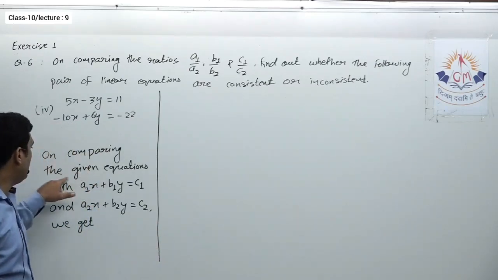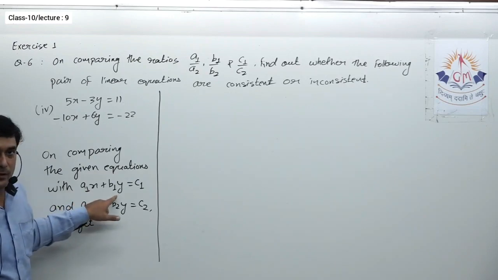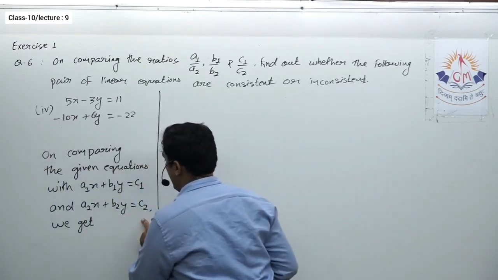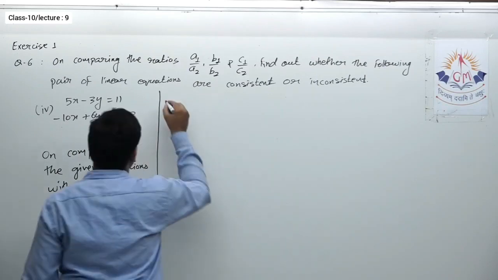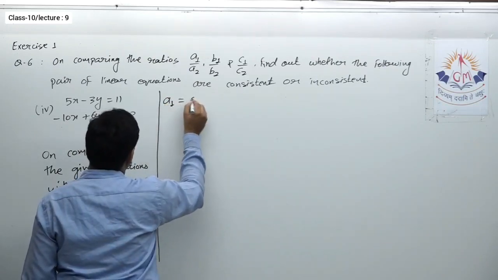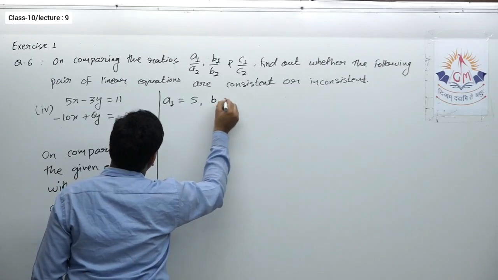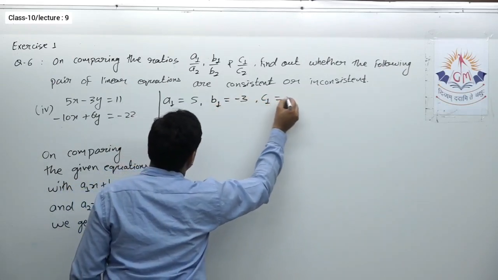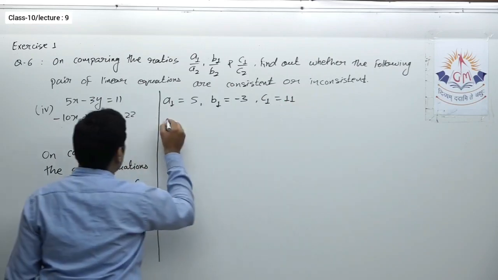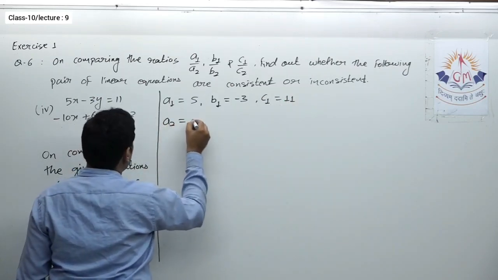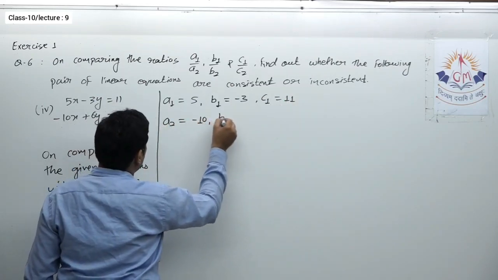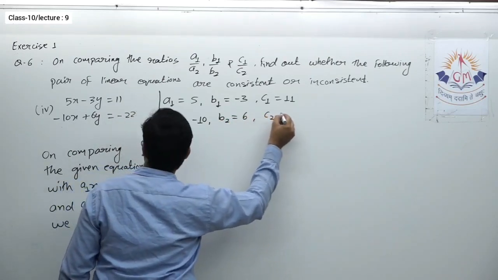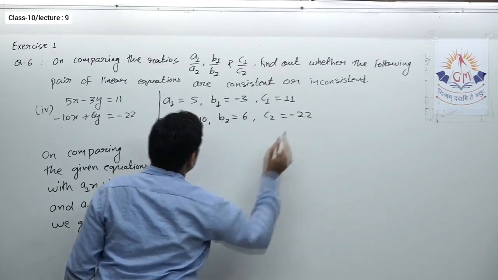On comparing the given equation with a1x plus b1y is equal to c1 and a2x plus b2y equal to c2, we get a1 is equal to 5, b1 is equal to minus 3, c1 is equal to 11. Similarly, we'll get a2 equal to minus 10, b2 is equal to 6, and c2 is equal to minus 22.